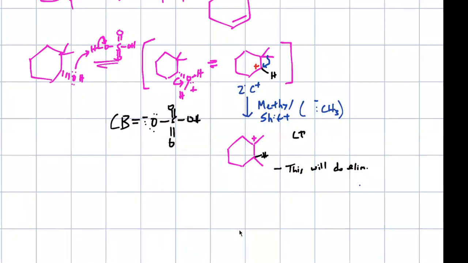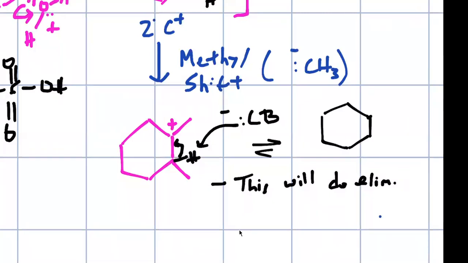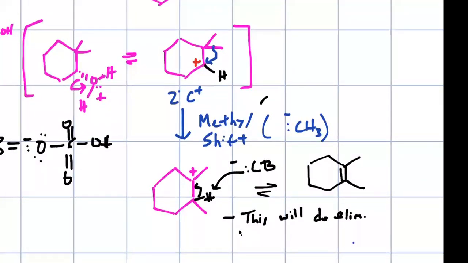So I'm just going to abbreviate it here. Right, so that's where the elimination is going to take place. And then you end up with this product and not the expected product, all because of that rearrangement of that secondary carbocation, right? So a methyl shift is a type of rearrangement.